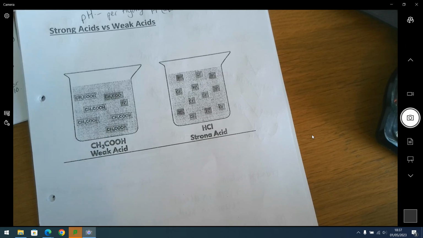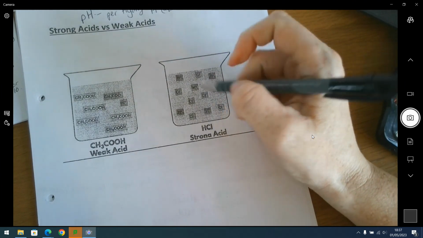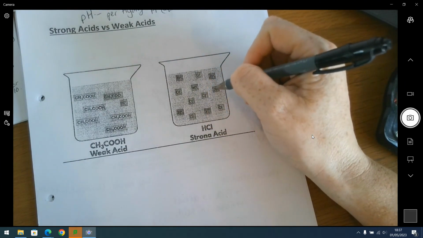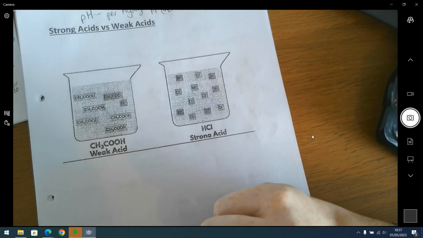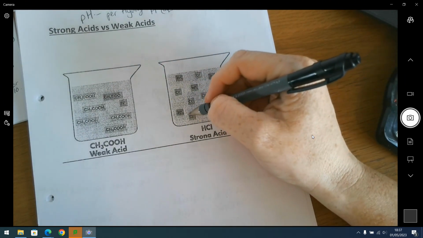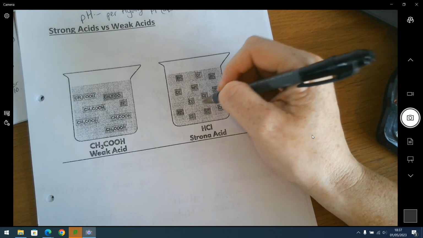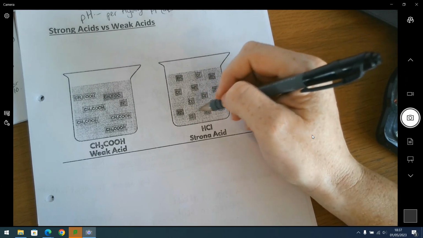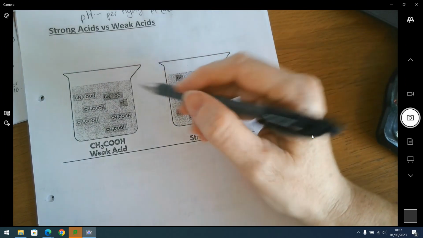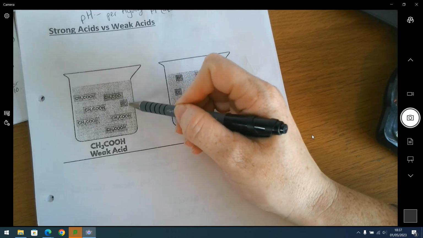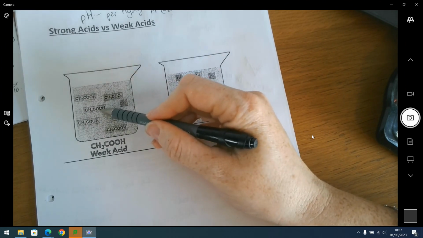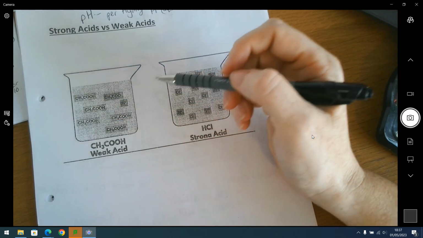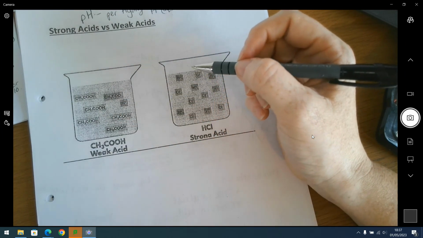So what I'm hoping you're seeing is that for a strong acid, I have quite a high number of hydrogen ions there. And in actual fact, they've completely separated from the chloride ions. So that's important. Over here I can see I do have some hydrogen ions, but some of the hydrogen is still attached to the original formula, if you think of it like that.